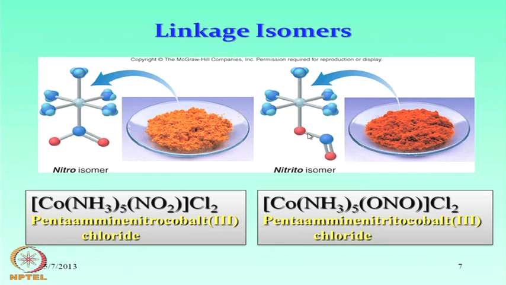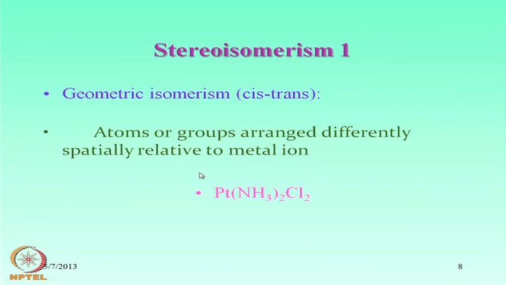If we talk about solution equilibria and reaction mechanisms for these transitions, we will find that one particular group is more strongly bound to the cobalt center than the other. So, one isomer can be substituted much more readily by some other incoming group compared to the other species.